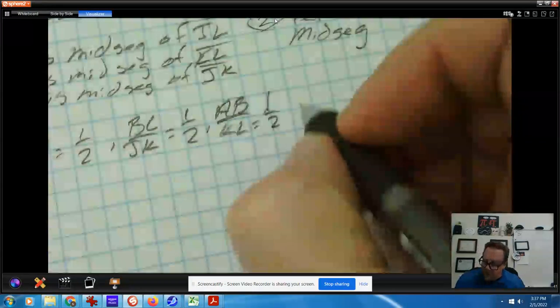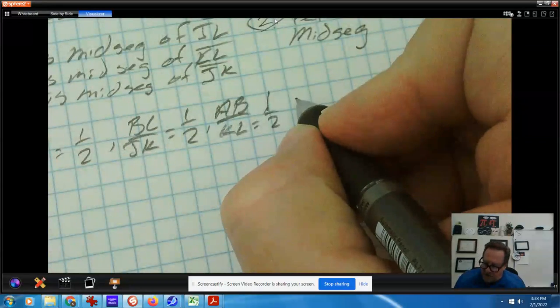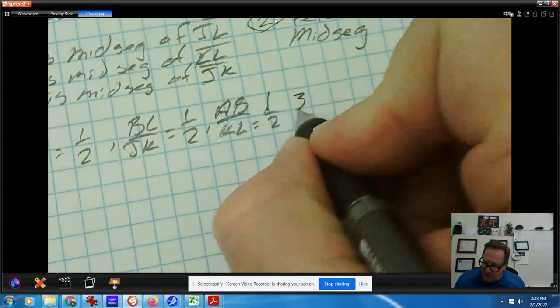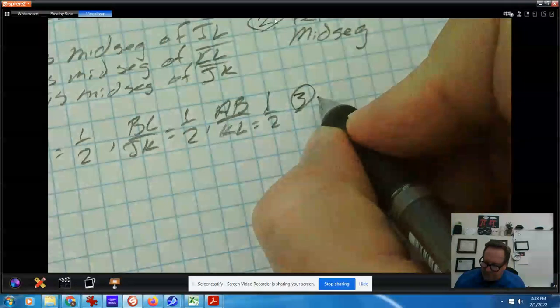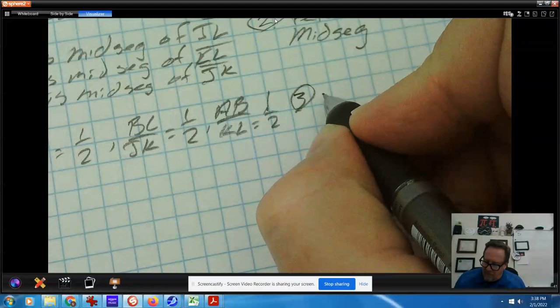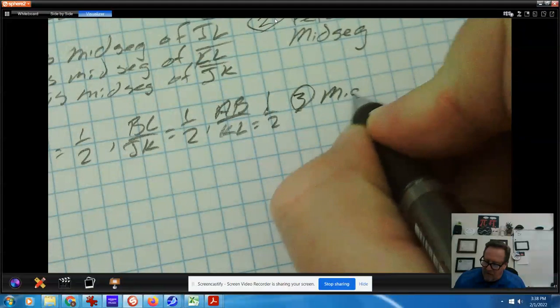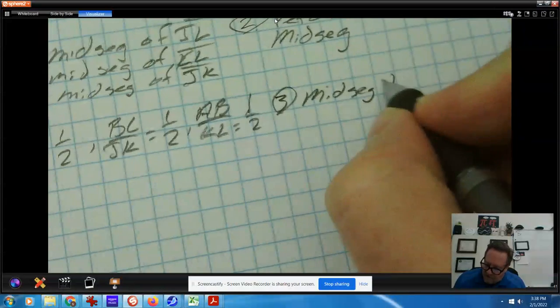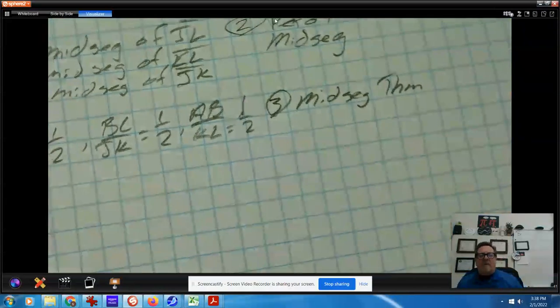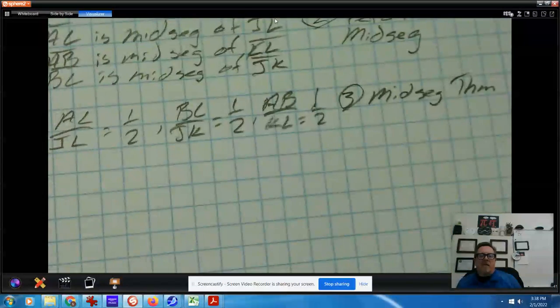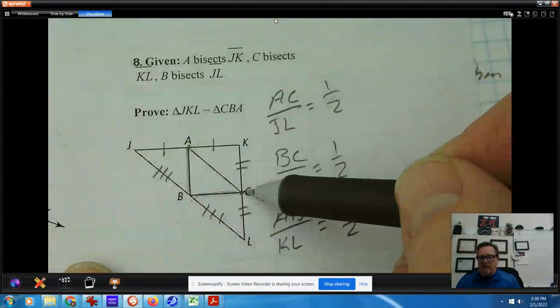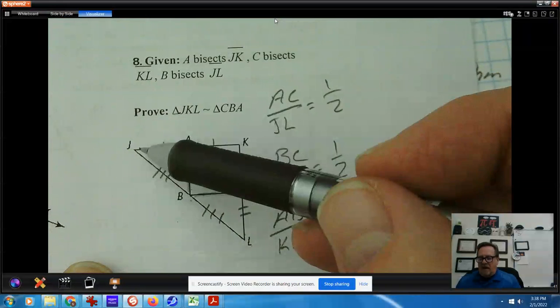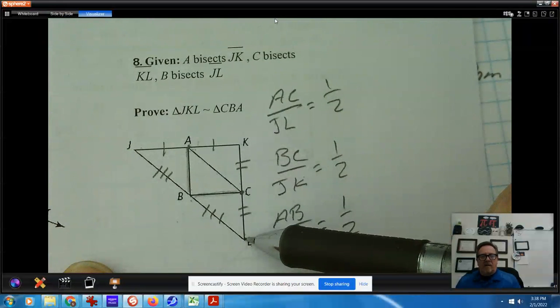So, reason 3, mid-segment theorem. That the length of a mid-segment is half the length of the corresponding side, right?